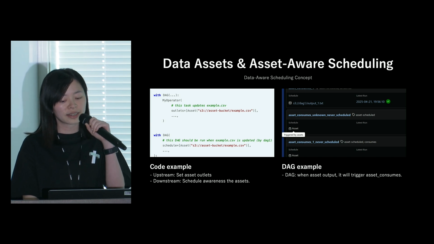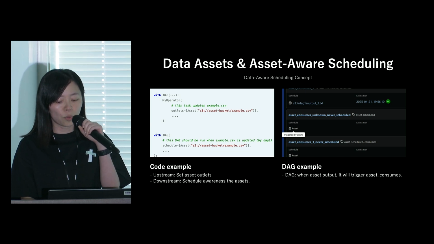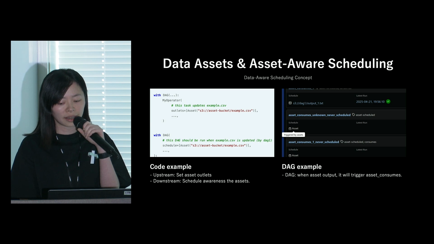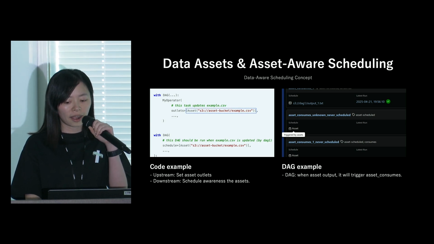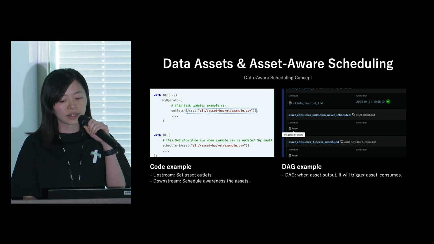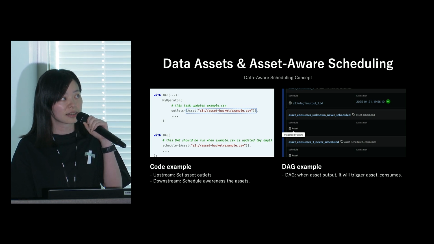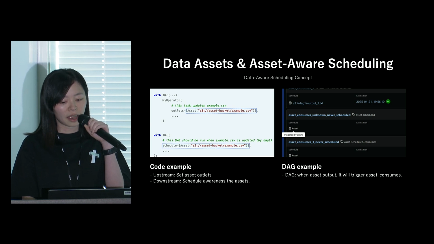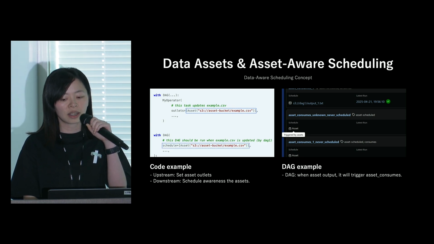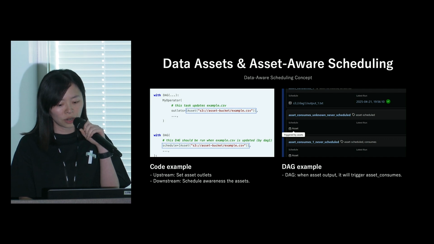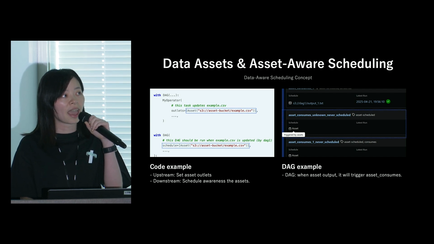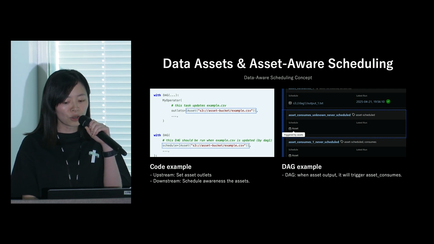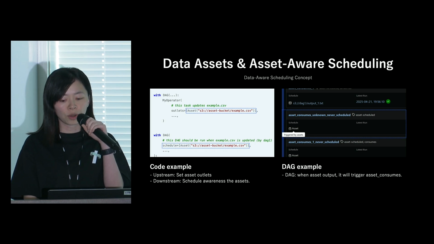The concept of data assets and asset-aware scheduling was introduced in Airflow 2. Airflow 3 builds on the idea of assets, like files or a table created by a task. Now a DAG can run when an asset changes, not only on a schedule. So the DAG is scheduled to trigger based on asset updates. It's more dynamic and fits better with real-world data workflows.